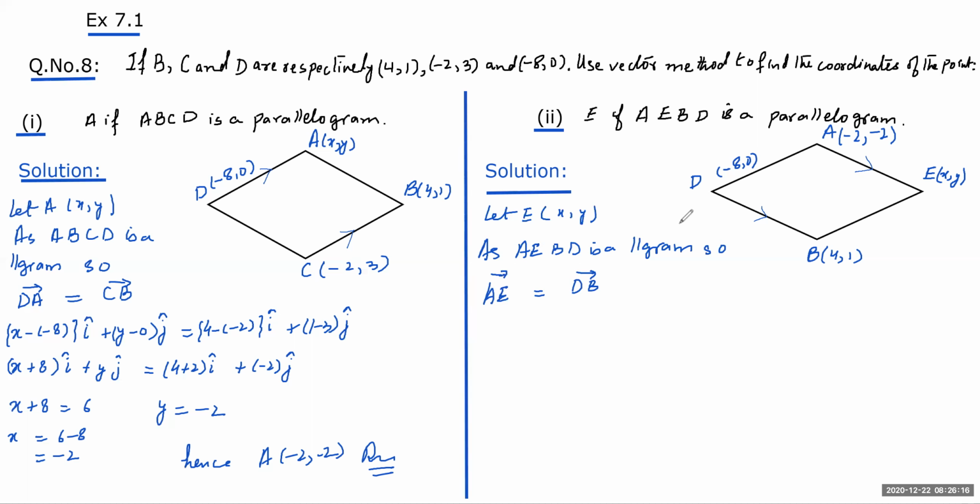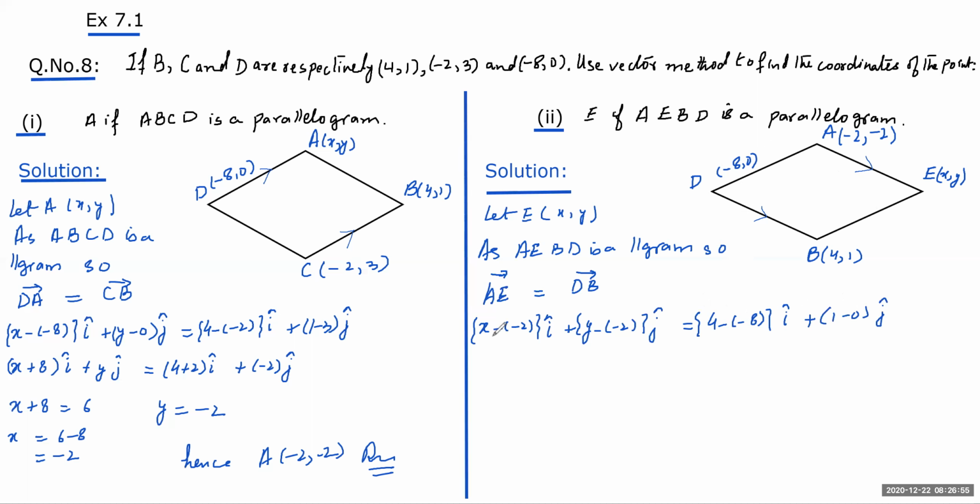Vector AE will become (x minus -2) into unit vector i plus (y minus -2) into unit vector j, equals DB, which is (4 minus -8) into unit vector i plus (1 minus 0) into unit vector j.